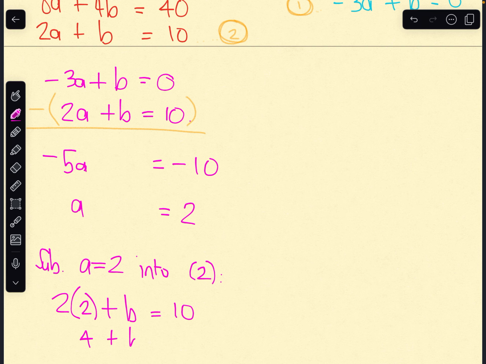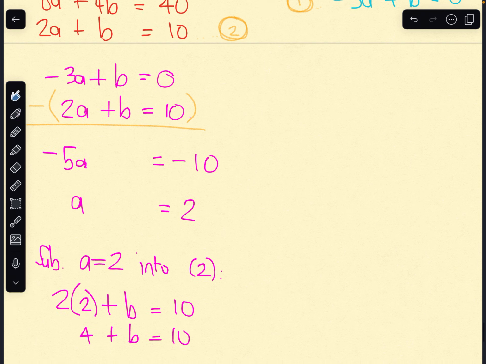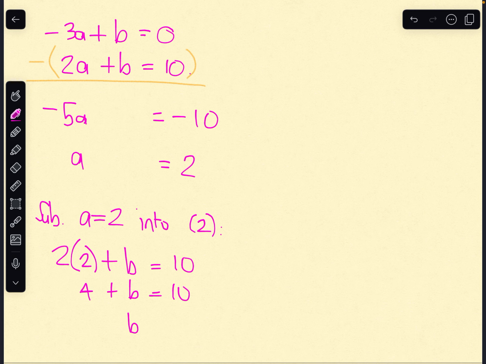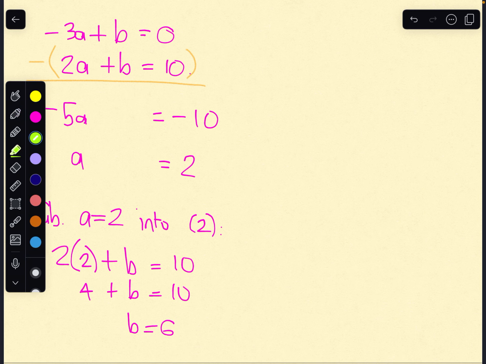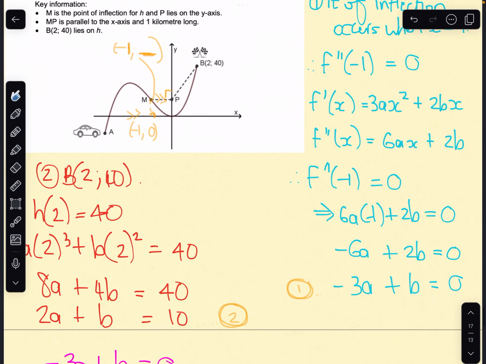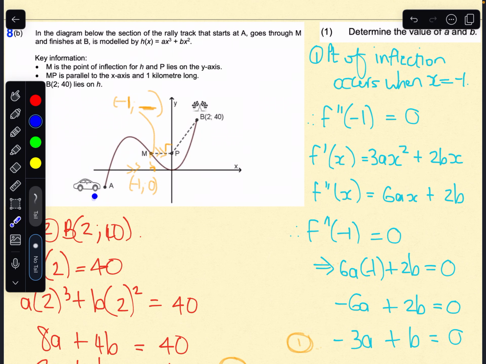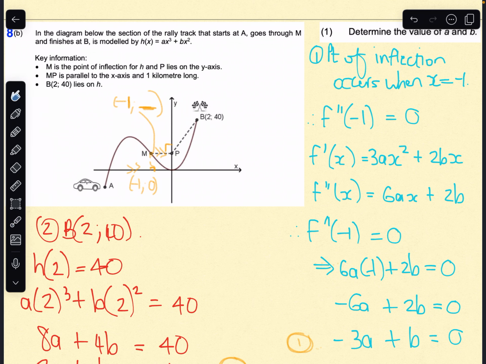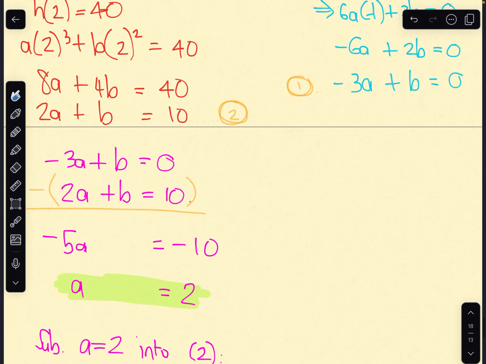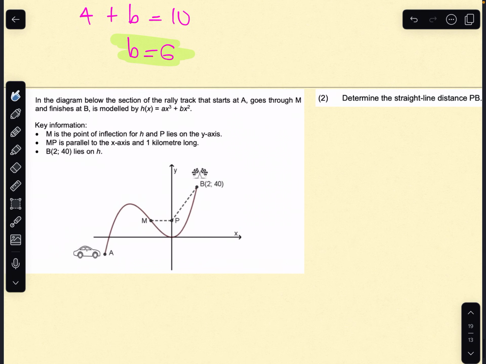So 4 plus b is 10, meaning that b is equal to 6. And so those are my values: a is equal to 2 and b is equal to 6. And at the very least, the a I can feel confident about because of the shape of the cubic. I was expecting a to be positive, otherwise the cubic would have looked like that. Okay, so a is 2 and b is 6 for now.